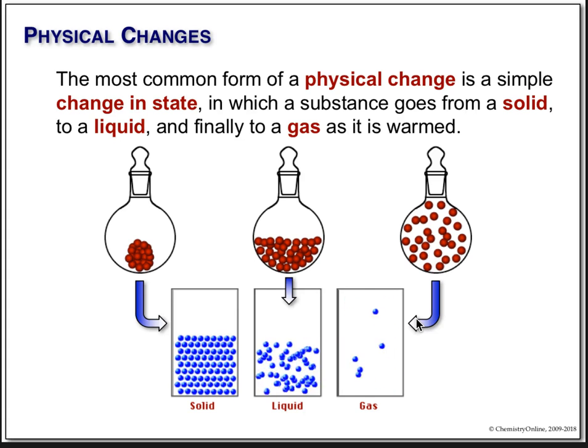In a liquid, the particles have enough energy that they can slide next to each other, but they can't get away. They're still stuck, but they're squishing around. A gas, we have no interaction at all between particles, and they're just zipping as fast as they can, and they keep going in a straight line until they hit the wall or each other.